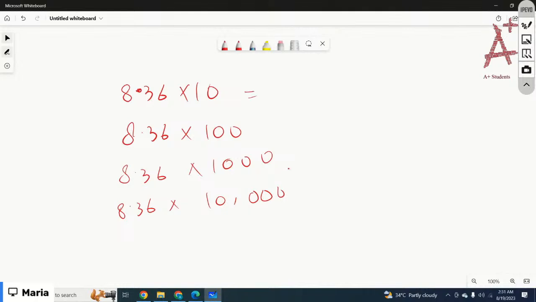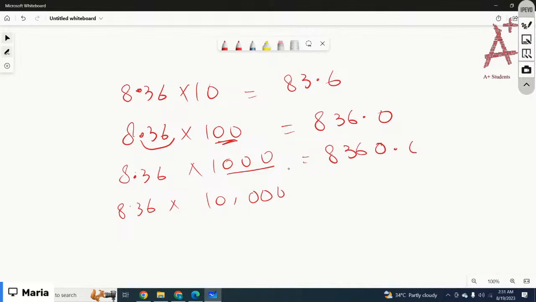When you multiply 8.36 times 10, that would be 83.6. With two zeros, you have to move the decimal point two digits, it would be 836.0. Here you have three zeros, so you have to move the decimal point three digits. You have to add an extra zero to make three digits, right? Here you have 4 decimal places, so you have to move the decimal point 4 places, 1, 2, 3, 4. It would be now here, right?